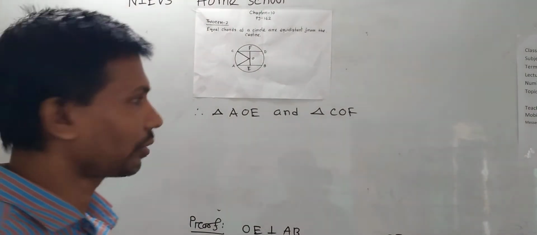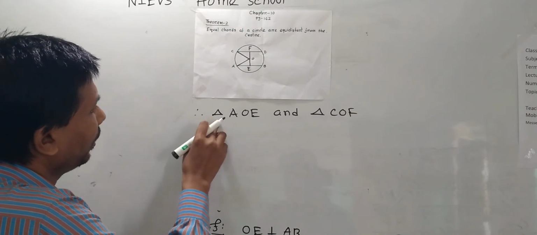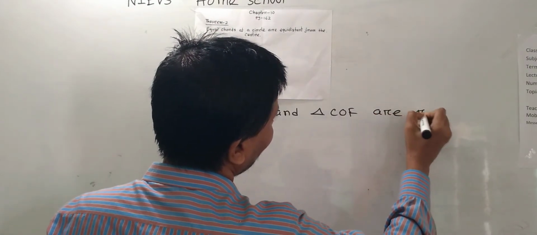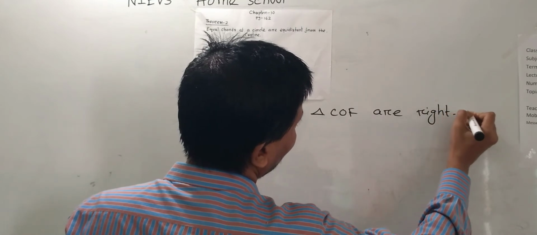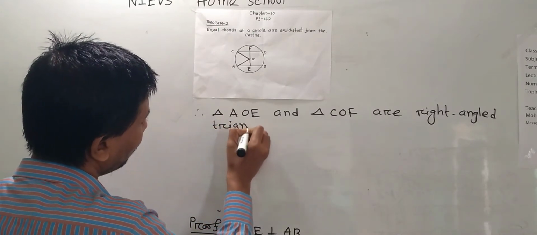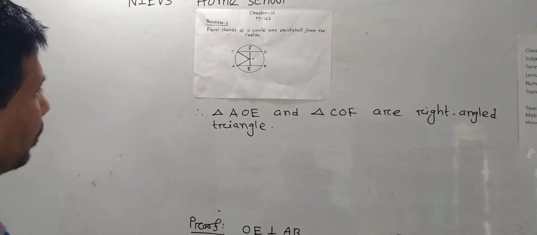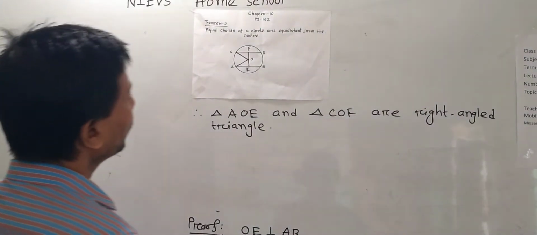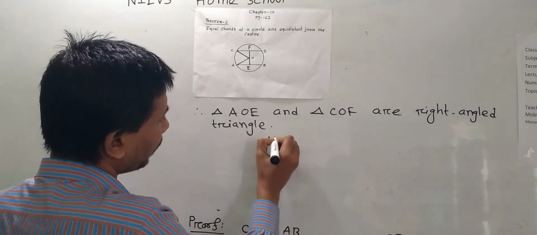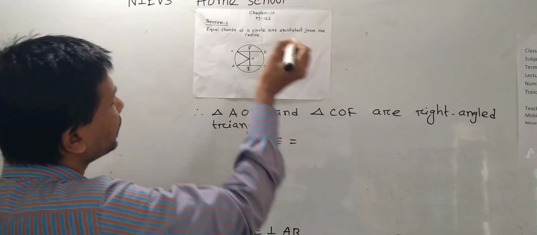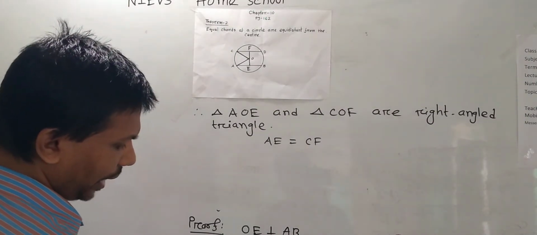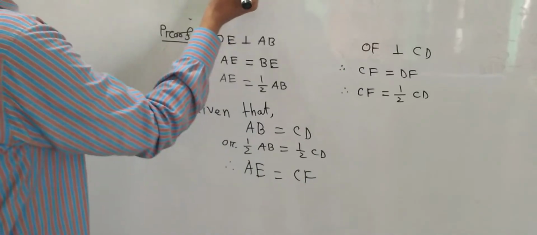Both are right angled triangles. Now look, between these two triangles AOE and COF, AE equal to what? AE equal to CF, which I have shown you.